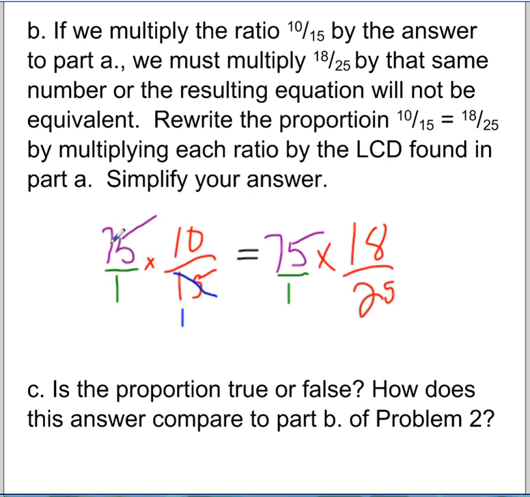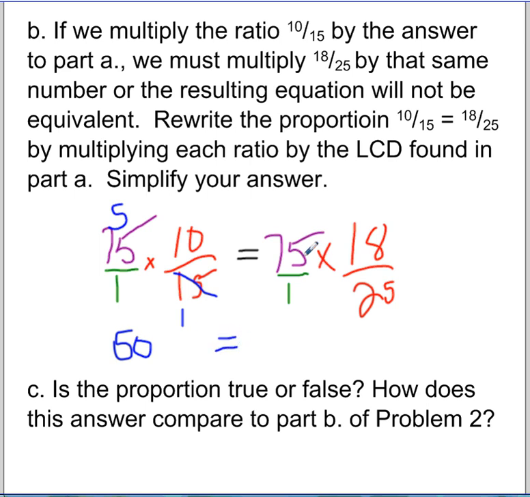And we'll divide 75 by 15, and 75 divided by 15 is 5. And then notice we have only ones when we multiply the two denominators, and again anything divided by 1 stays the same. So on this side we can just do 5 times 10 to get 50 and not even worry about writing that denominator of 1.